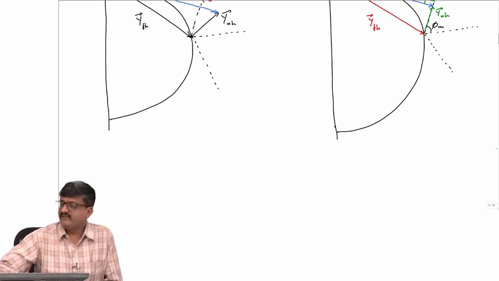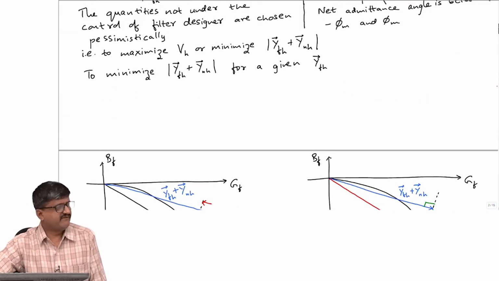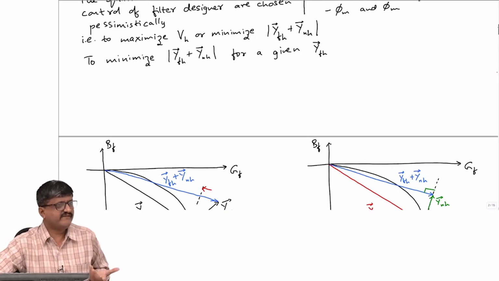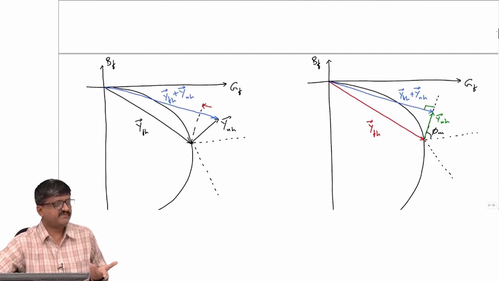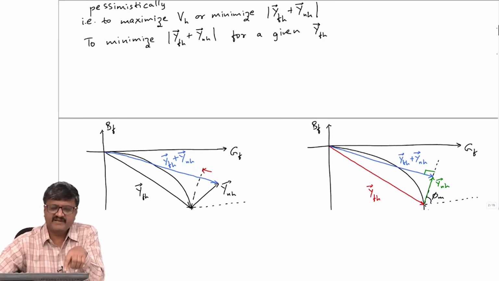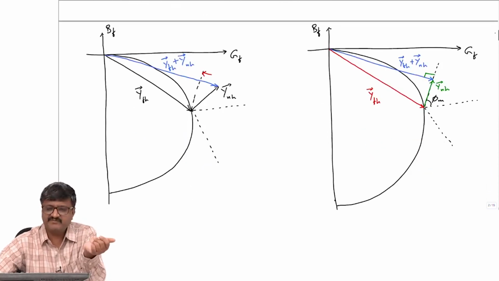I do not think I am asking a very tough question. See, y n h is not under the control, we take the worst case. y of h is under the control of the designer, so we take the best case. So, how to get the best case? Worst case means the one that minimizes the absolute value of y of h plus y n h. So, the best case is the one that maximizes the absolute value of y of h plus y n h.